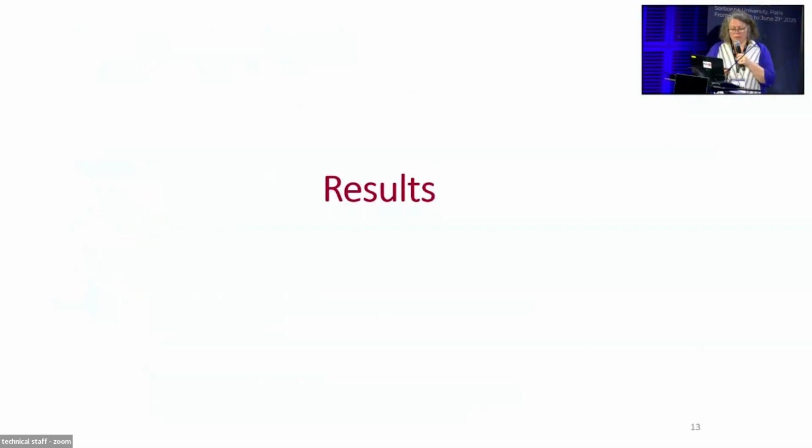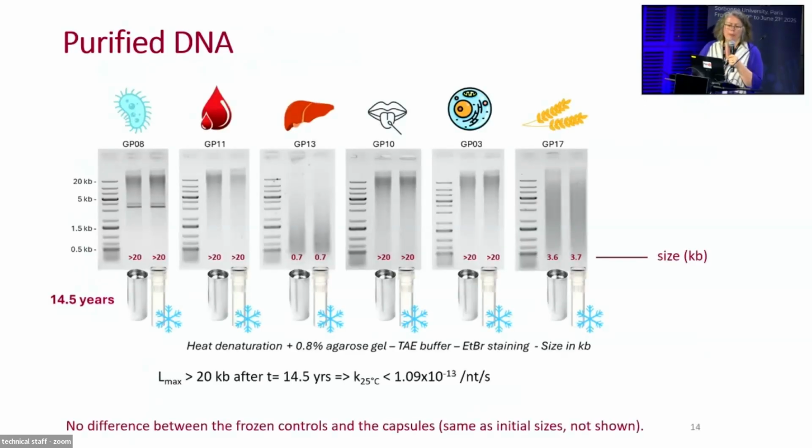So these are an extract of the results. So for genomic DNA, I selected the samples that gave different results, but in the end, it's all the same. We can compare every time the capsule and the control in -20, and we don't see any size difference for more than 14 years.